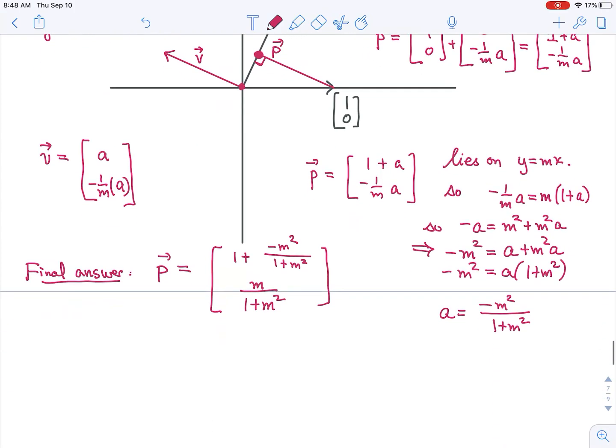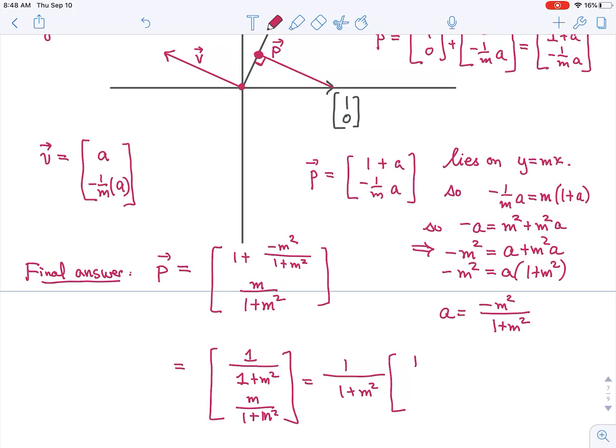And now I can simplify this, do a little bit more algebra. I get a pretty nice expression. Once I simplify, I'm going to get 1 over 1 plus m squared, m over 1 plus m squared. And if I want to factor, I just get 1 over 1 plus m squared times (1, m).